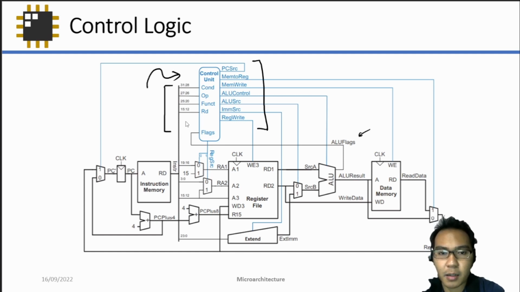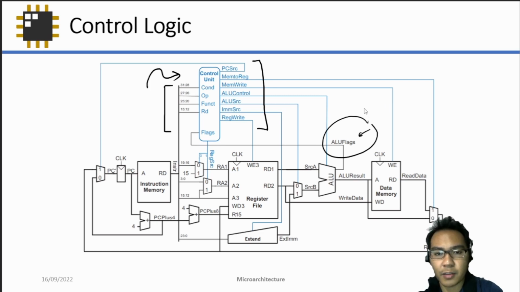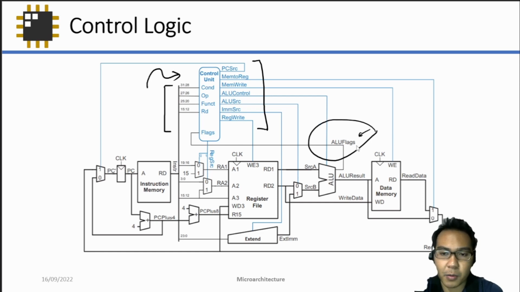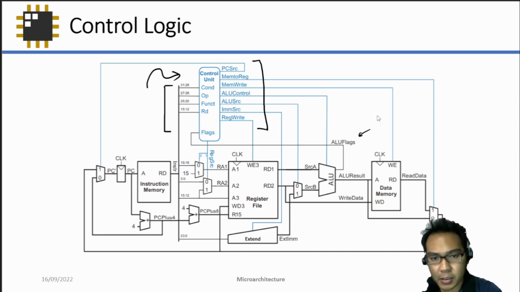So actually, you need to have registers inside the control unit as well. So it's not actually purely combinational because you need to store the previous ALU flag, but that's only if you're taking into account the conditionals. So if you're going to implement conditional instructions, you need to take into account ALU flags and you need to store the ALU flags from the last instructions, which is just a register anyway.